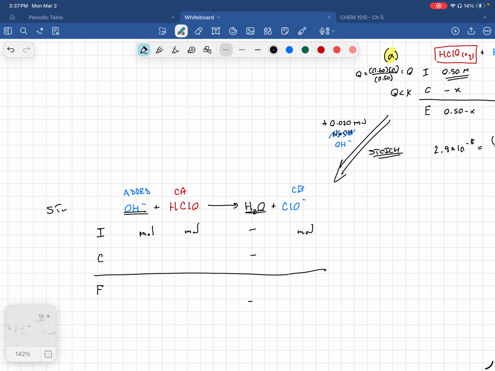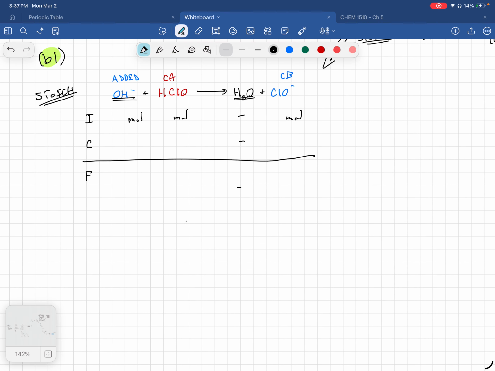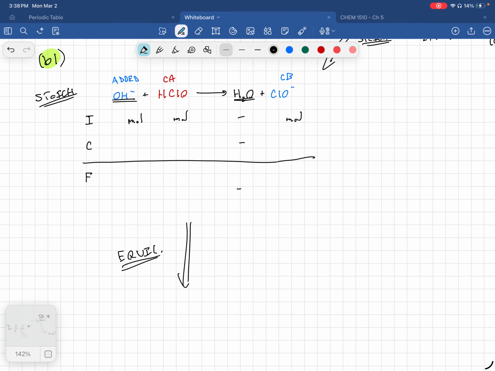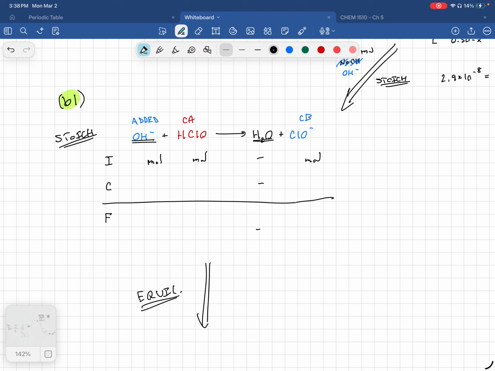Because this is stoich. We're going to pretend that the moment we add the OH minus, it's going to do stoichiometry first, right? So this is part B, B1 we'll call it, okay? We're going to do stoichiometry first, and then we will do the equilibrium problem, okay?